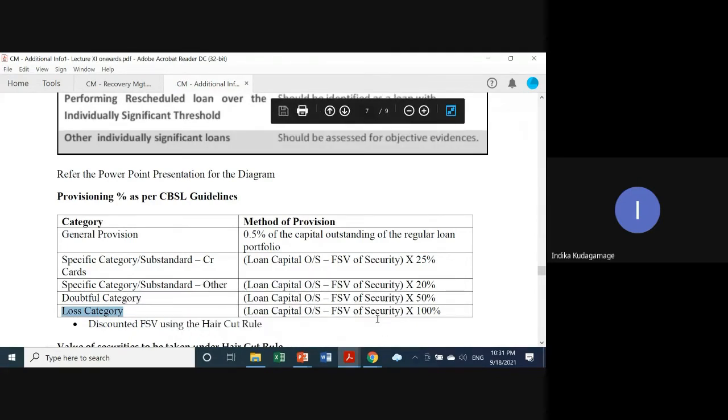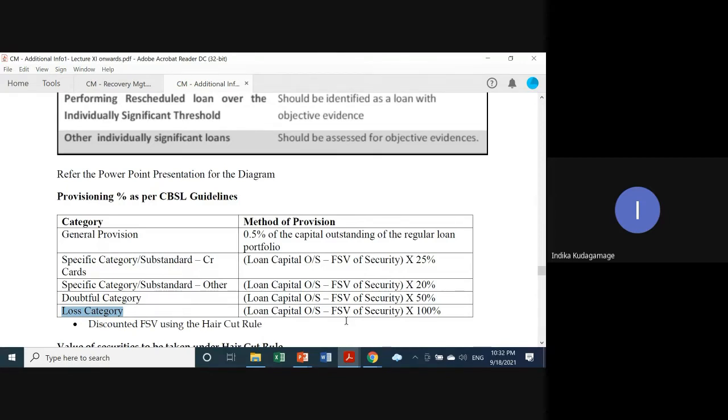Loss category. You have to do a small correction here. For the loss category, it is the capital outstanding minus the FSV with a factor. We have to discount the forced sale value after the loss category. Up to doubtful, you take the entire FSV. But from loss category, you don't take the entire FSV.